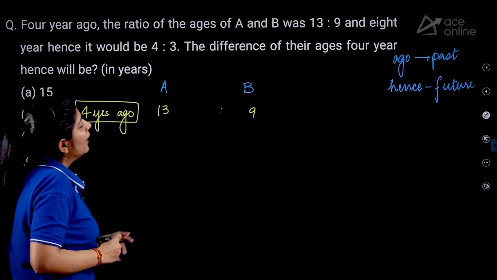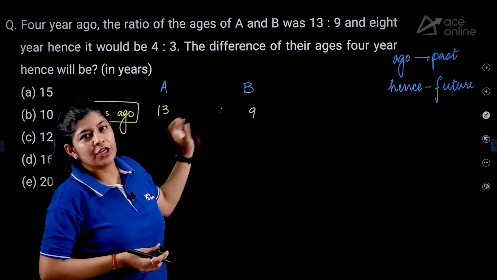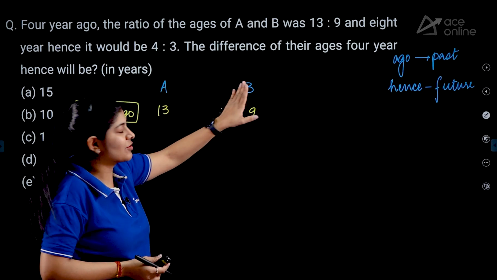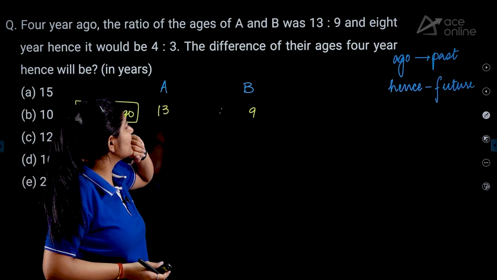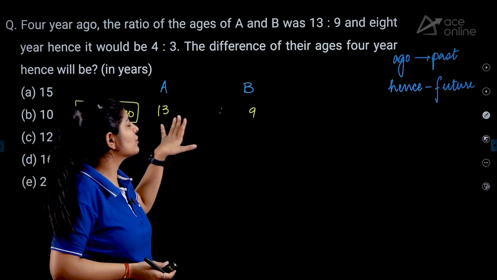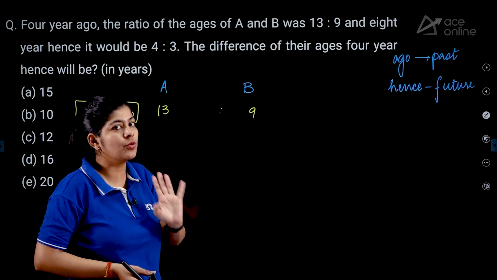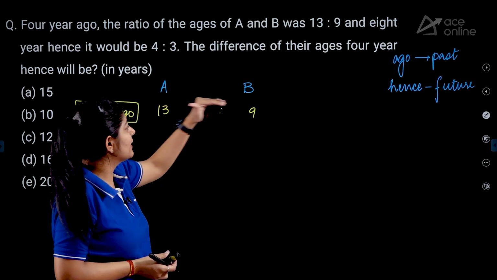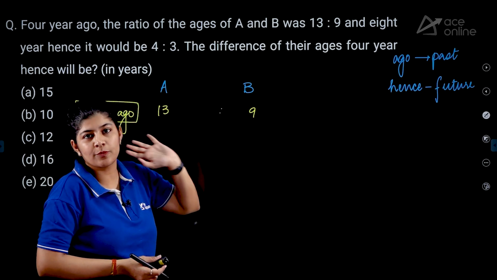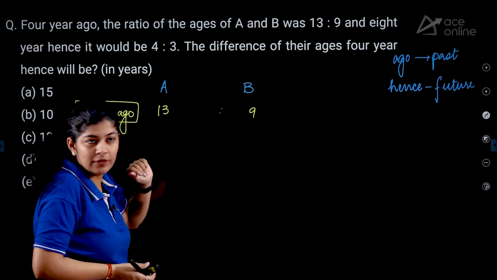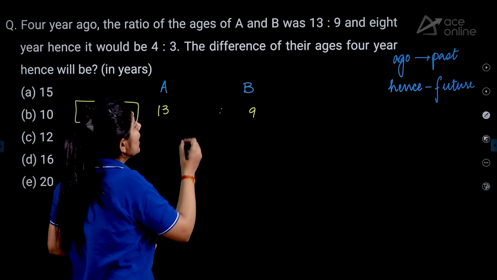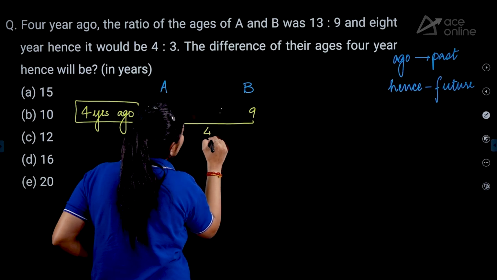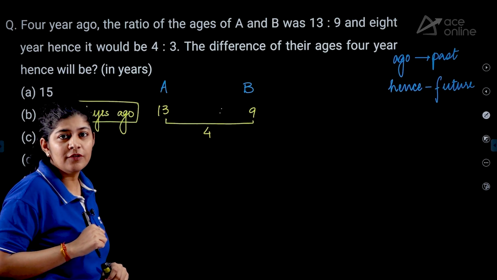Now, on the basis of ratio only, if I want to find the difference between A and B, I get a difference of 4 in terms of ratio. Whatever multiple this ratio is present on, the difference is also present on that multiple.